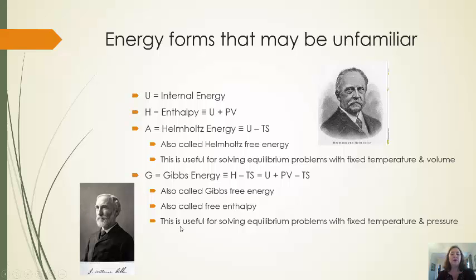This one is going to be very useful when the temperature and pressure are fixed and I want to solve an equilibrium problem. Gibbs energy is a very, very commonly used form of energy. Helmholtz energy, not quite as much. Enthalpy is useful, as you've already learned, but these two other ones are probably going to be new to you.